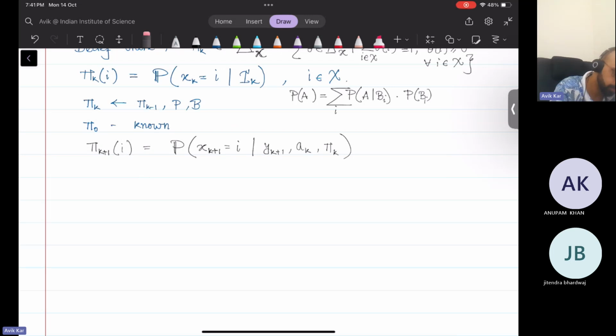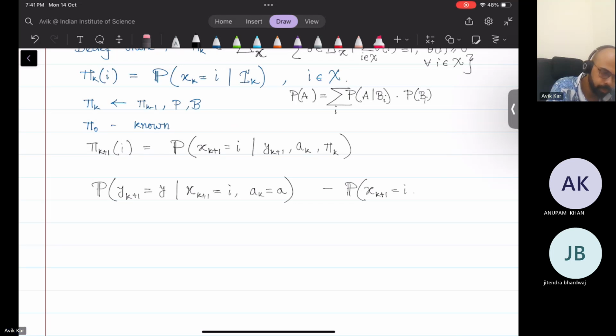There are some complications. So the probability of x_{k+1} equals i given y_{k+1}, given x_{k+1} is i and a_k equals a, this probability we know, but to decompose it we need something like x_{k+1} equals i given y_{k+1} is y and a_k equals a.